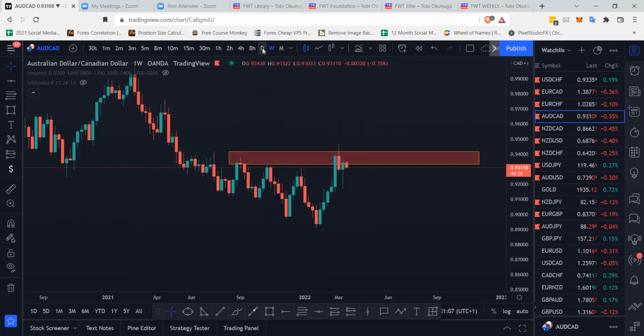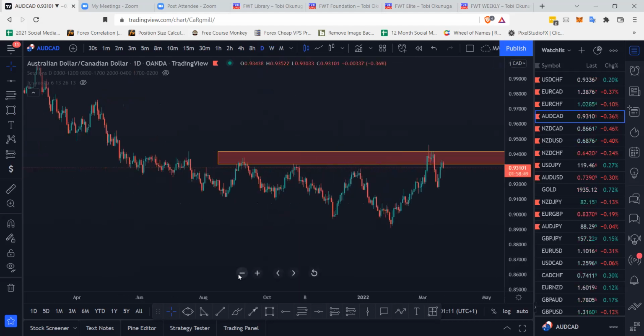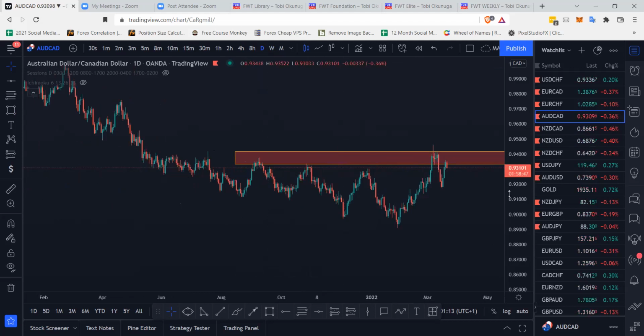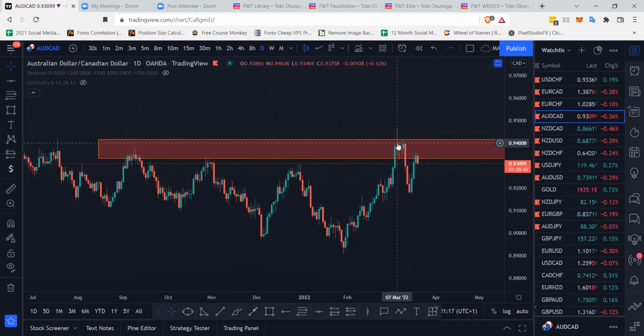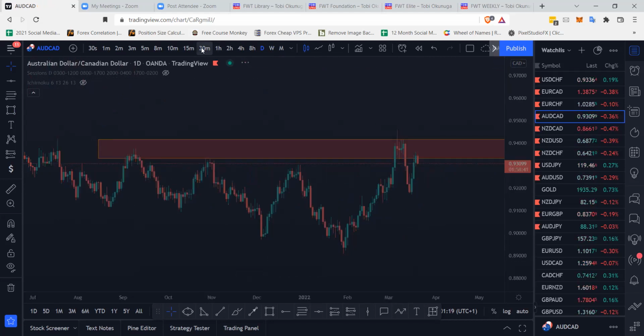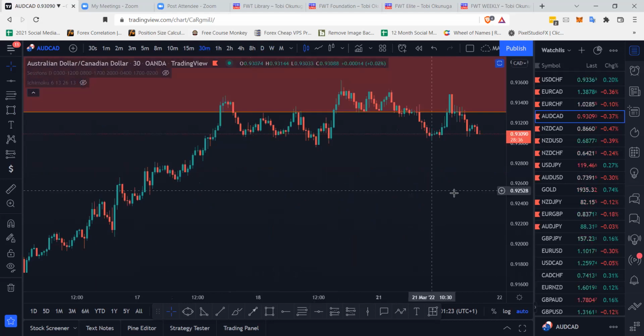Okay, let's go to daily. You see pretty much the same thing on daily. Okay, so let's go to 30 minutes and see if this setup is aligned on 30 minutes.